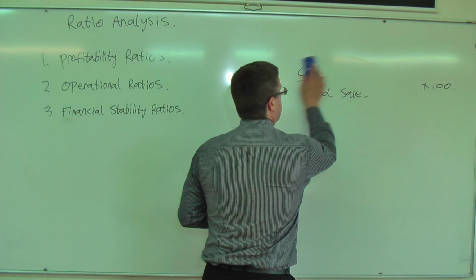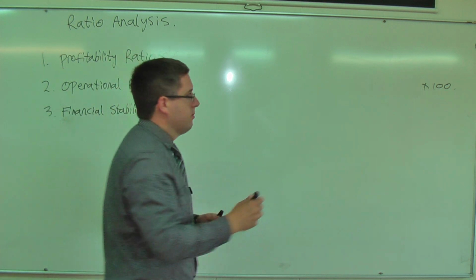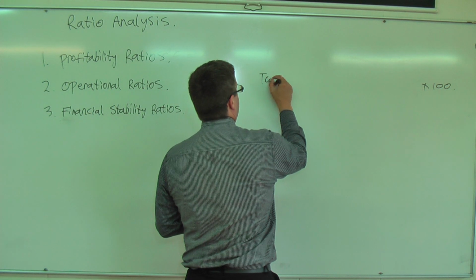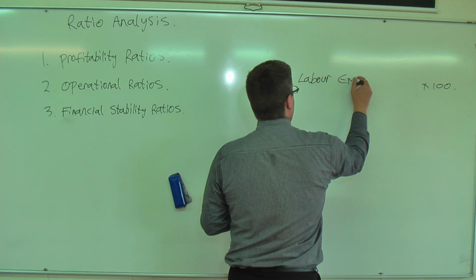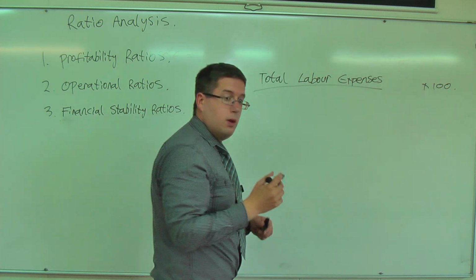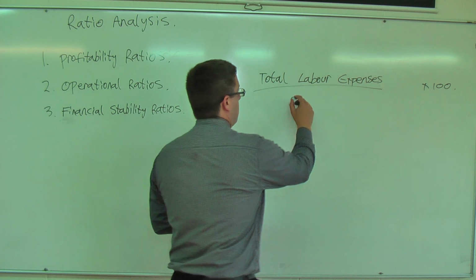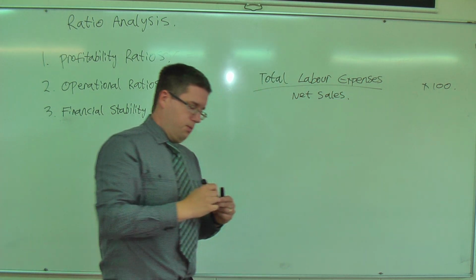Okay, the next percentage we have is called the labour cost percentage. So we have total labour costs divided by our total revenue or net sales.